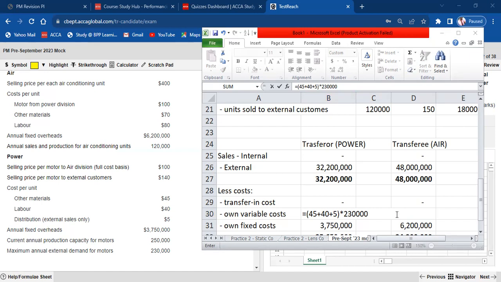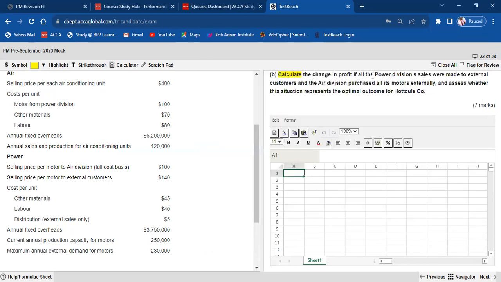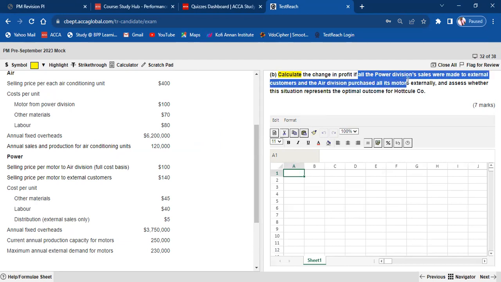I am told that the current annual production capacity for motors is 250,000. I am told of a new arrangement. If all the power division sales were made to external customers and the air division purchased all its motors externally, is the power division producing at full capacity, or are they going to produce only 230 and sell the 230?